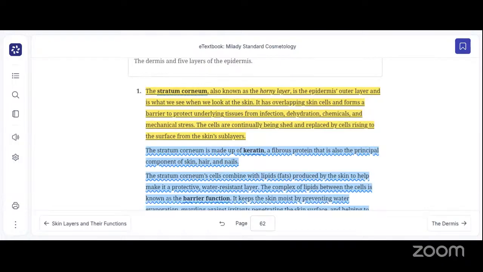Keratin helps make up the hair, skin, and nails. I tell people all the time, when someone tells me that the hair is over processed, the hair is breaking, that means the keratin has broken down in that particular area. Once the keratin breaks down, you can attempt to rebuild it, but if you're not able to rebuild it, that hair pretty much will have to be cut off, and you will have to start all over.